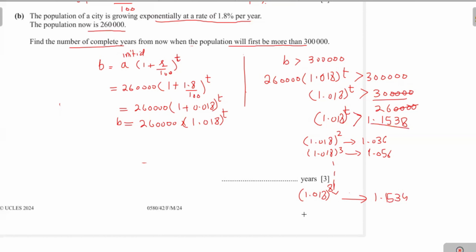Therefore, we use 1.018 to the power 9. This value is equal to 1.174. Therefore, 1.018 to the power 9 is greater than 1.1538, and when t equals 9, the population will grow to more than 300,000. So 9 years is the answer.